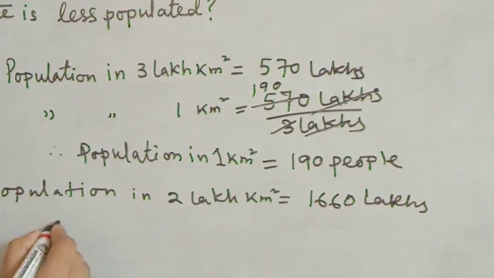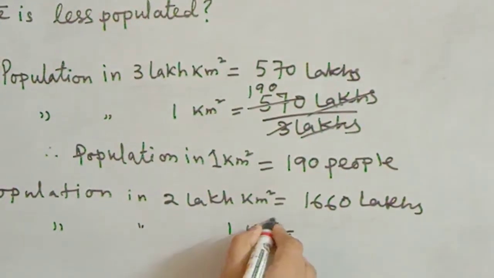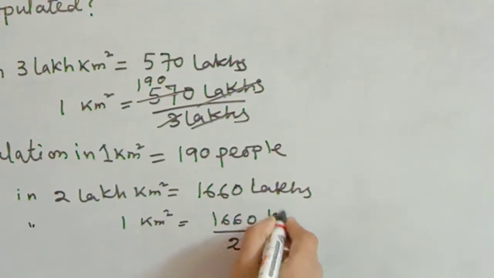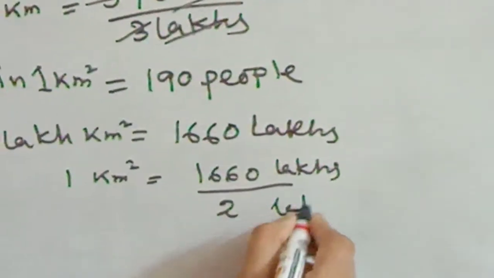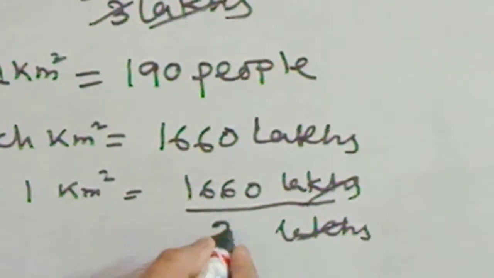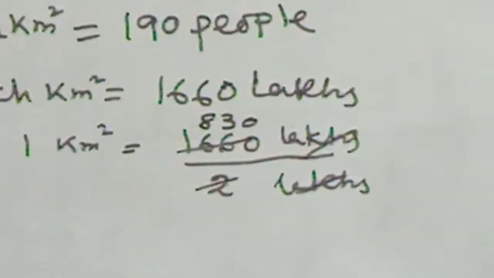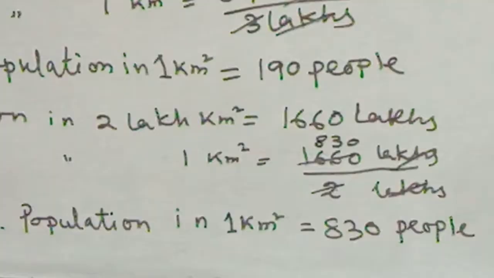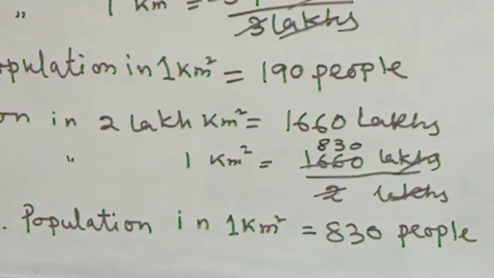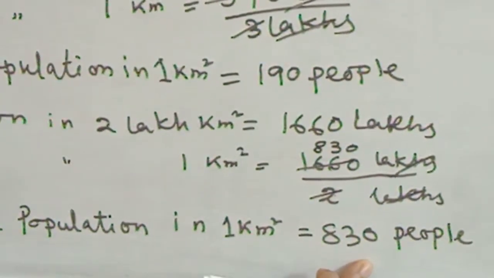Same way, the population in 1 kilometer square is 1660 by 2. If you cancel it, 8 2s are 16, 3 2s are 6. After cancellation, you can see that in UP, the population in 1 kilometer square is 830 people.